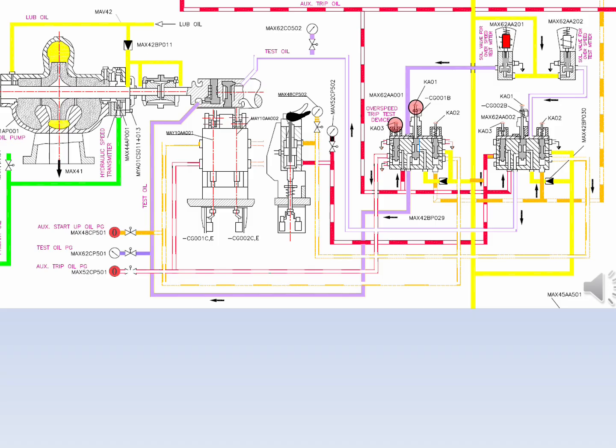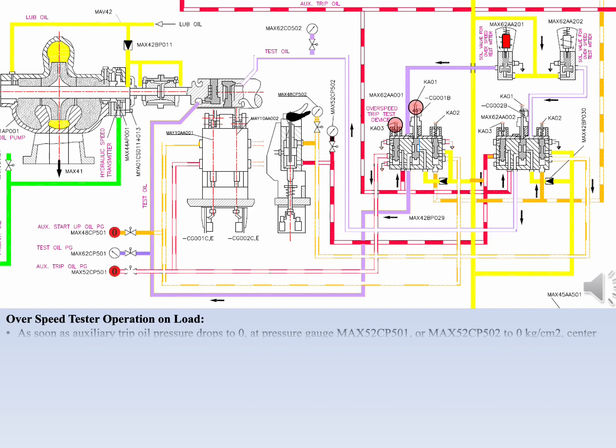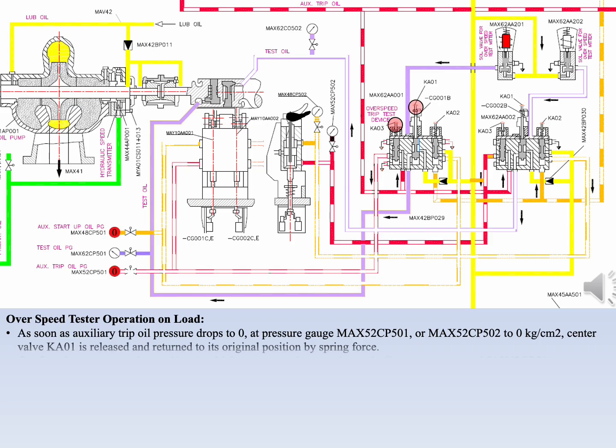As soon as auxiliary trip oil pressure drops to 0 at pressure gauge MAX52CP501 or MAX52CP502 to 0 kg/cm2, center valve KA01 is released and returned to its original position by spring force.